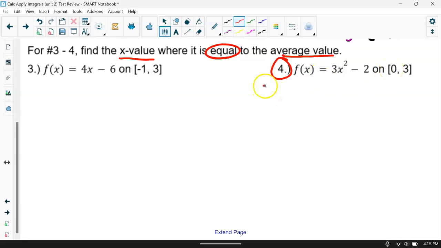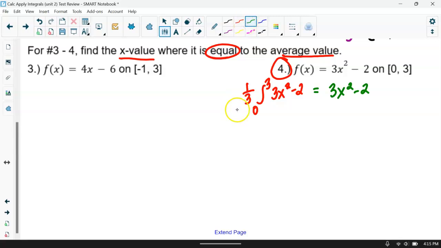So in this case, this is from 0 to 3 and 1/3, because 0 to 3 is 3 units. And we're going to find the integral here from 0 to 3 of 3x squared minus 2. But just remember, whatever we get here, our average value, we set that equal to 3x squared minus 2 and then solve for x.